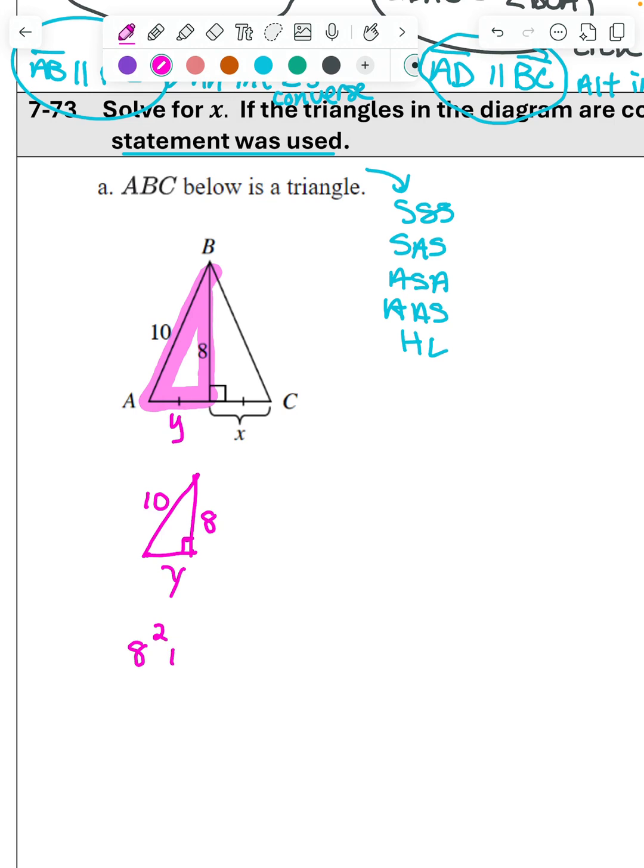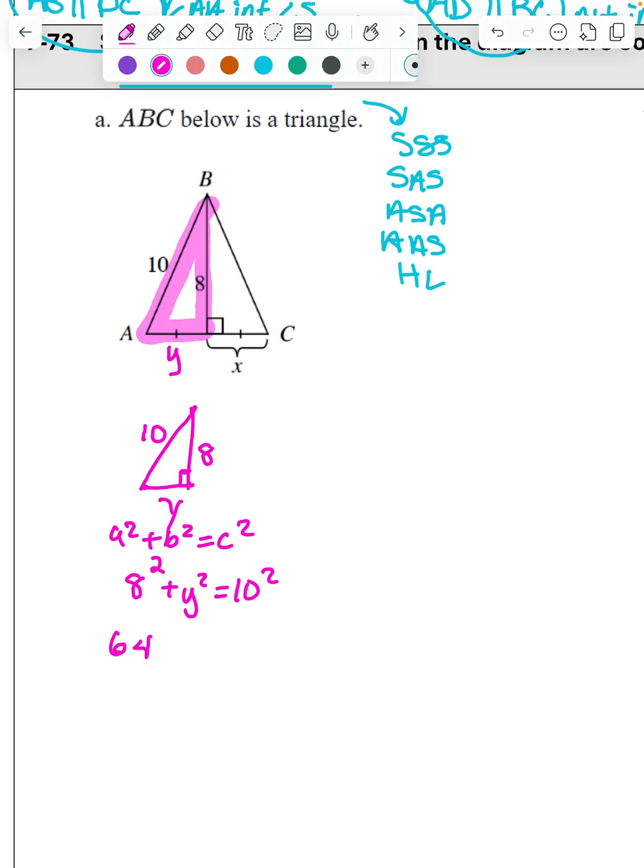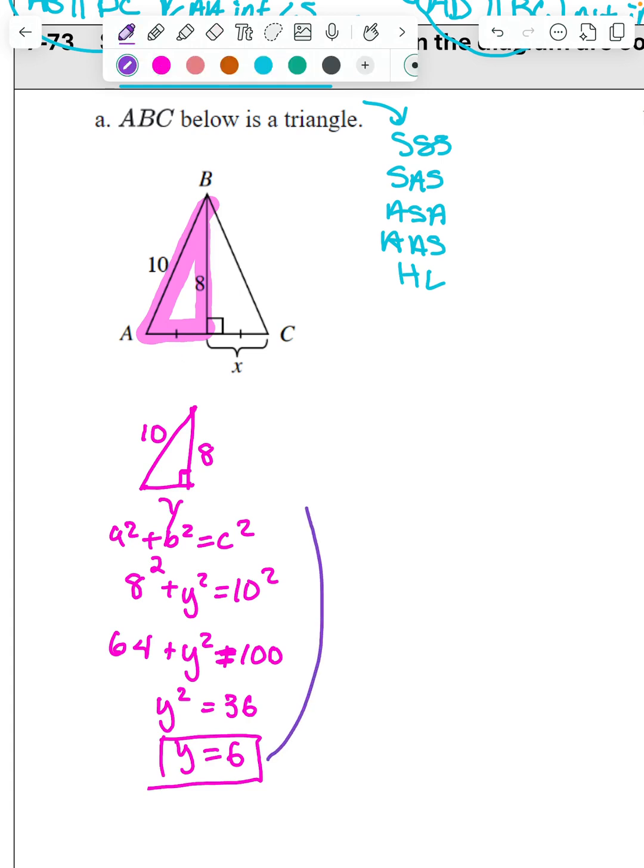So because our hypotenuse has to be c in a squared plus b squared equals c squared, I'm going to plug in the 10 for c. This would get me 64 plus y squared equals 100. So y squared equals 36, and y is 6 when I take the square root of both sides. So I'm going to replace that y with a 6.